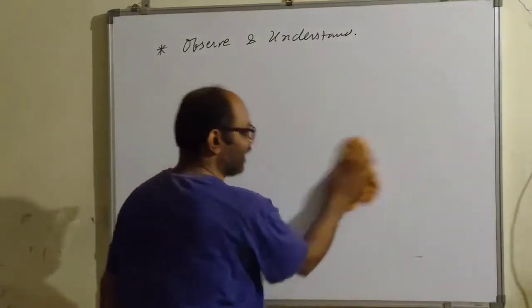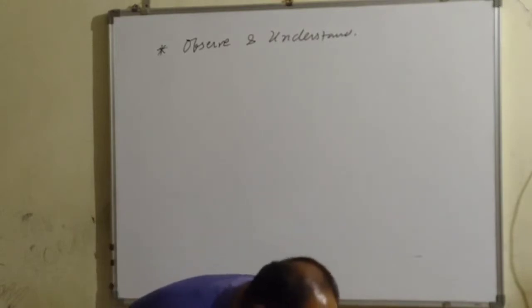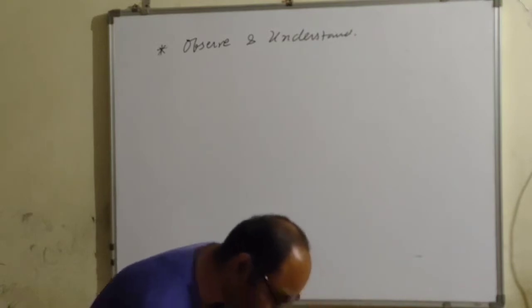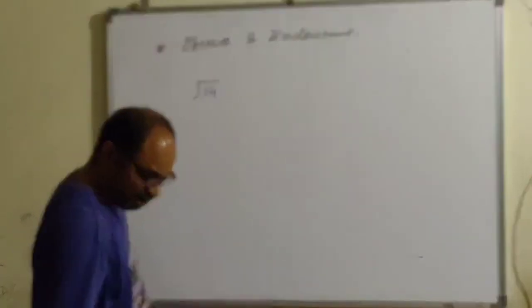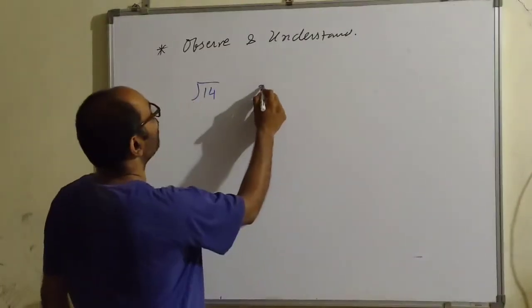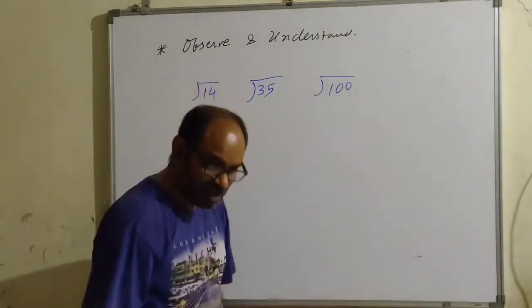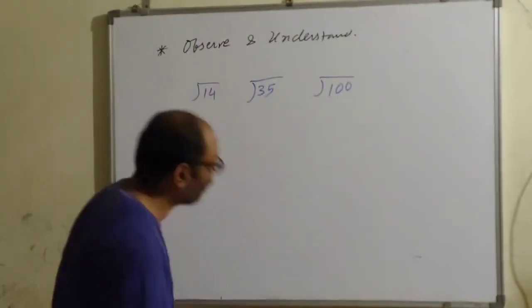Still observe and understand, please. Okay. Let's take some numbers now. 14, 35 and 100. I have taken different numbers and the divisors I am also going to take different.